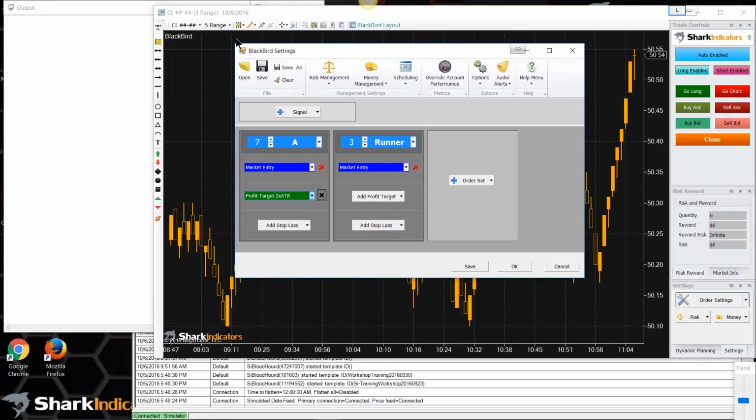If you notice, I'm using a 5 range, so using an ATR in a 5 range really has no effect. Using ATR really only works with minute charts or tick charts.